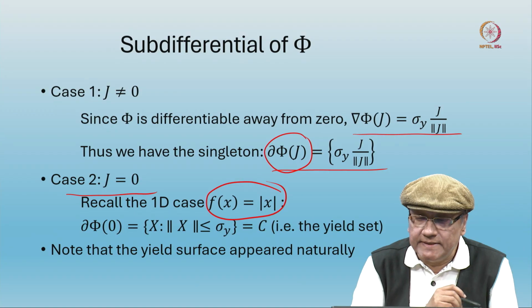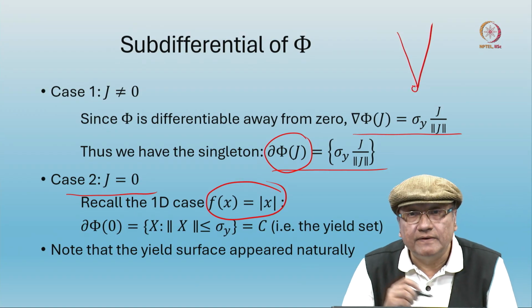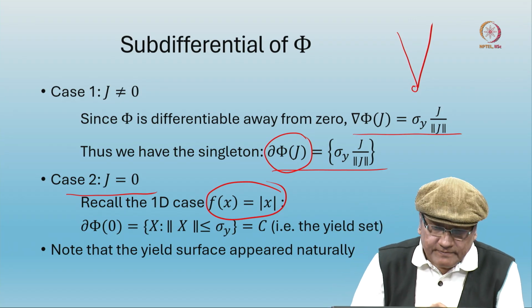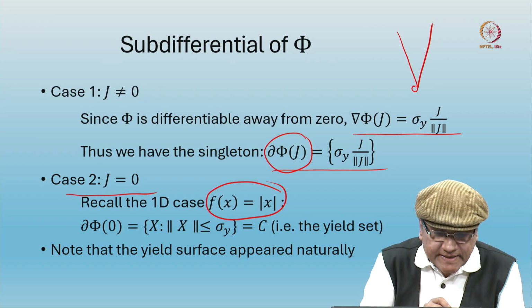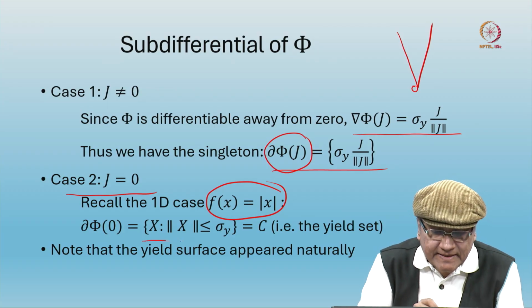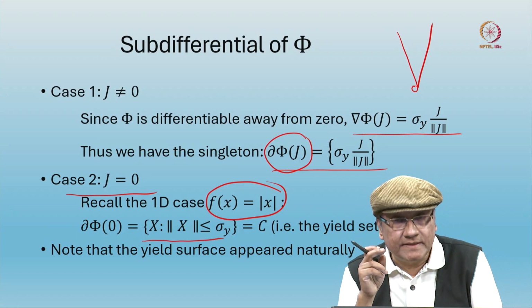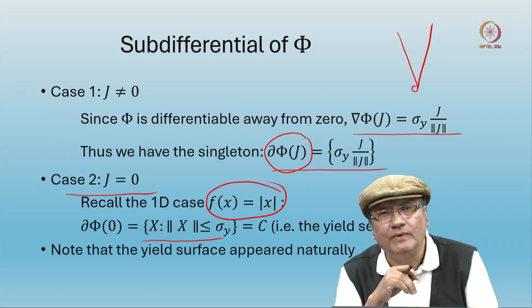Del phi at 0 in this case, because we are at the tip of the inverted tent, consists of all the thermodynamic forces x such that the norm of x is less than or equal to sigma y.